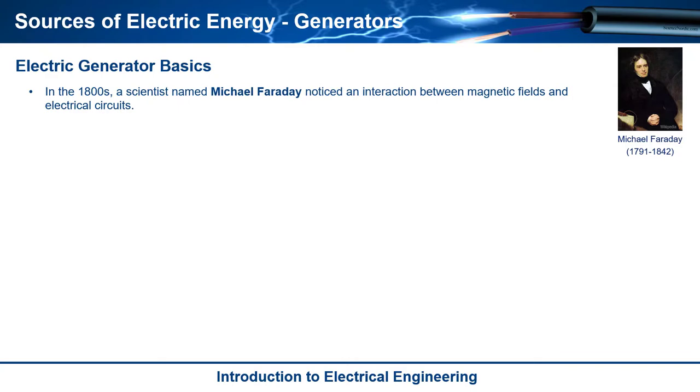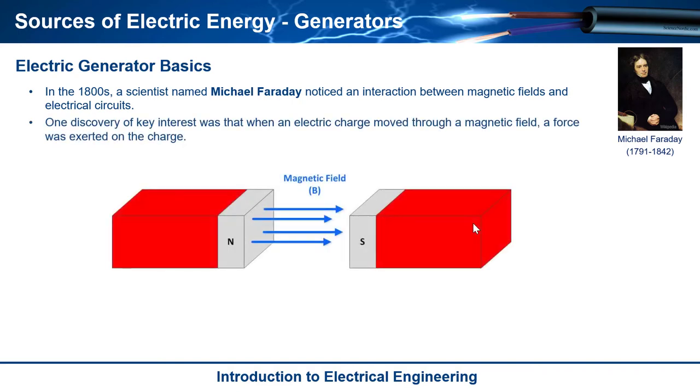Okay, so in the 1800s, a scientist named Michael Faraday noticed an interaction between magnetic fields and electric circuits. So a magnetic field, I think we're all aware of what a magnet is, but it's one of these contactless forces that exists in nature where you have some materials that exhibit this property where they are attracted to each other.